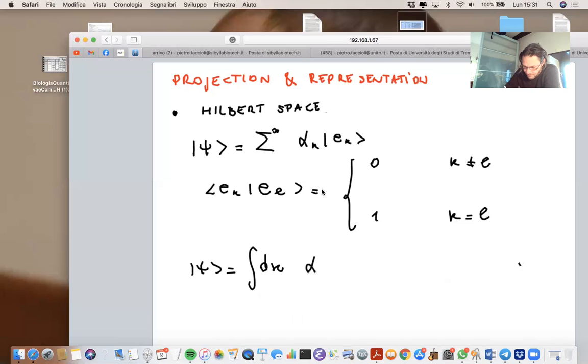And therefore, this quantity is a function of x. And how are the coefficients defined? Well, they are the inner product of your quantum state with your basis, just as much as the coefficient di is ei dot b.